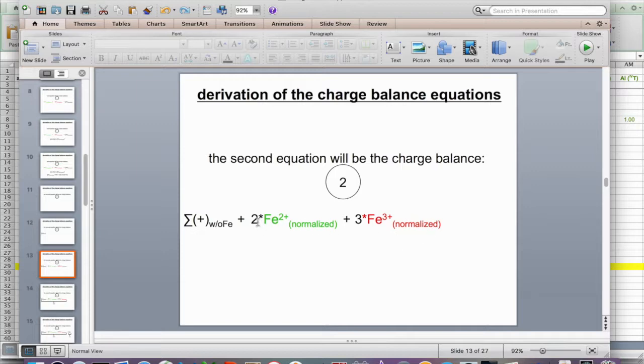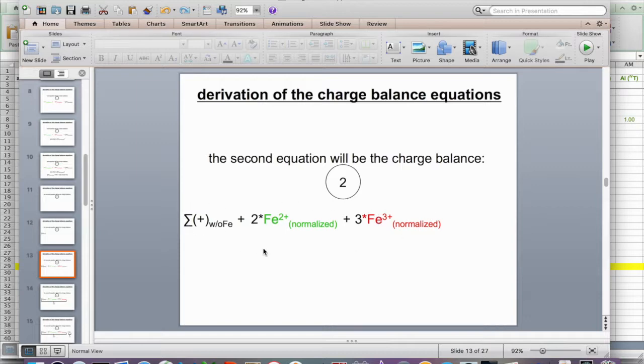You can see that I have a 2 times iron 2 plus and a 3 times iron 3 plus, because the 2 times this number represents the amount of charge associated with the iron 2 plus. For every atom of iron 2 plus, there are 2 charges associated with it, and for every atom of iron 3 plus, there are 3 charges, because remember, we're calculating charge here.